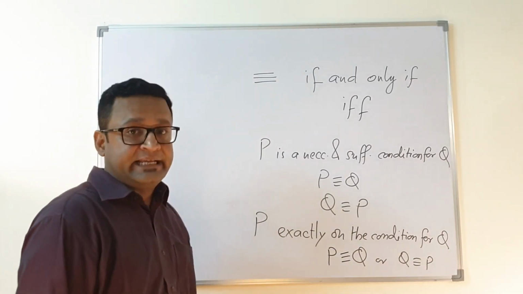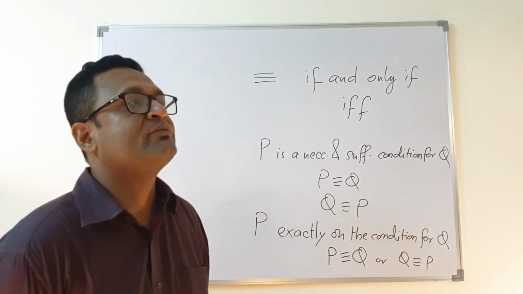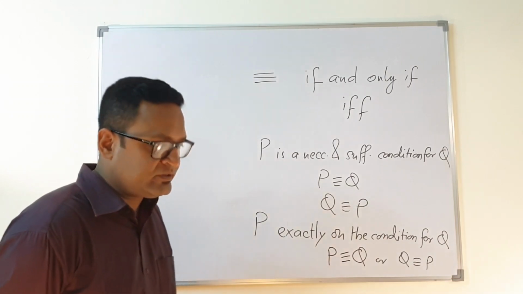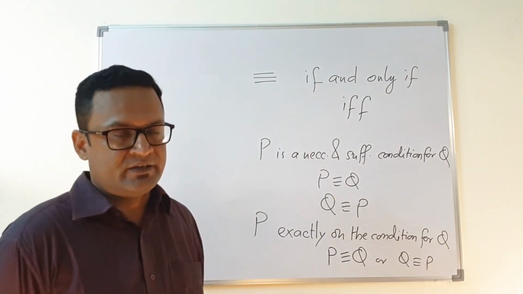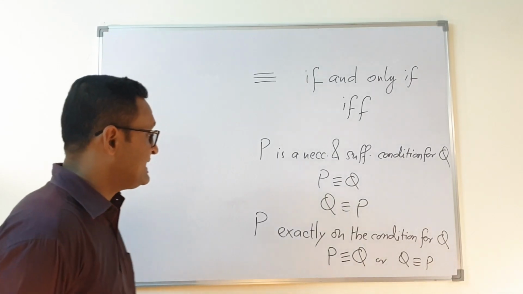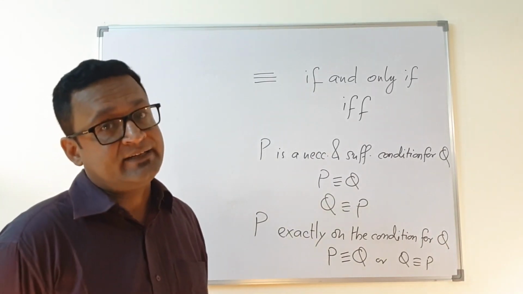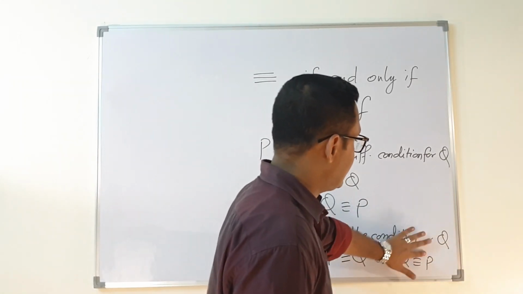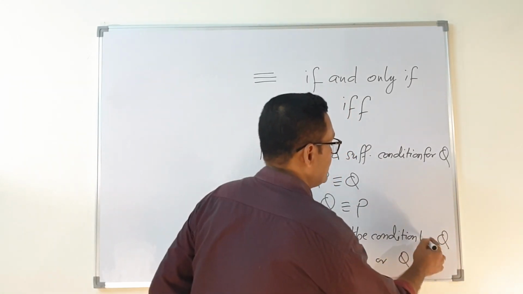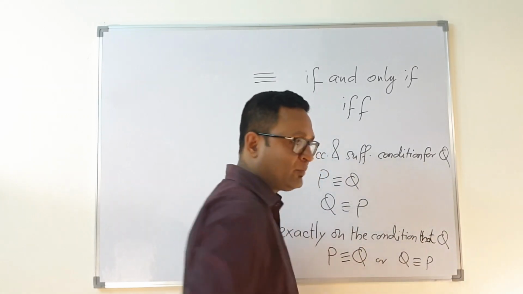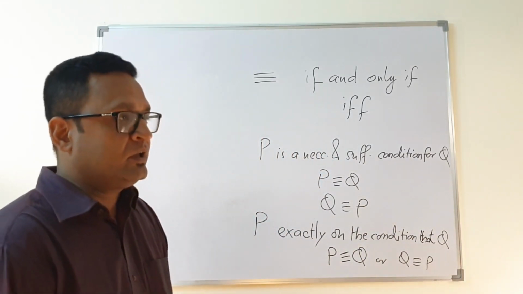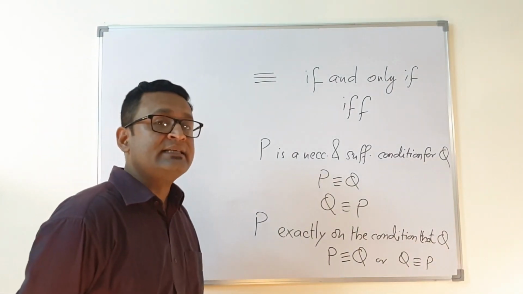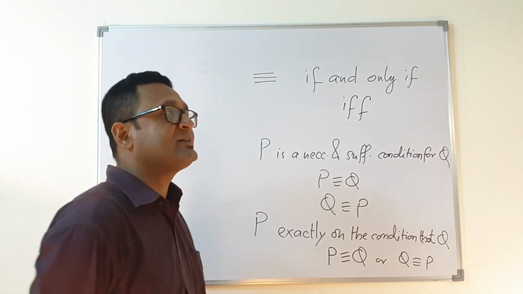If there is a statement which has if and only if, a proposition which has necessary and sufficient condition, or an expression which says exactly on the condition that, sometimes, in fact, this is more proper. In these cases, we will be symbolizing these as P triple bar Q, right?